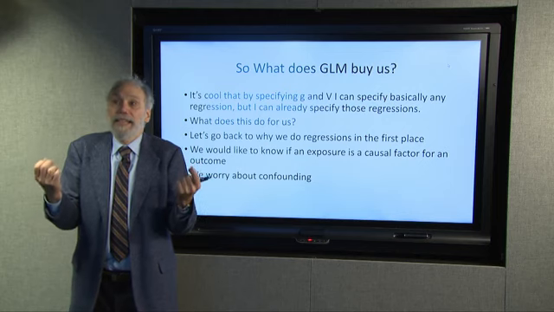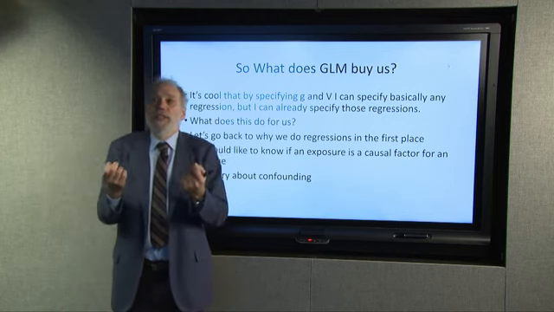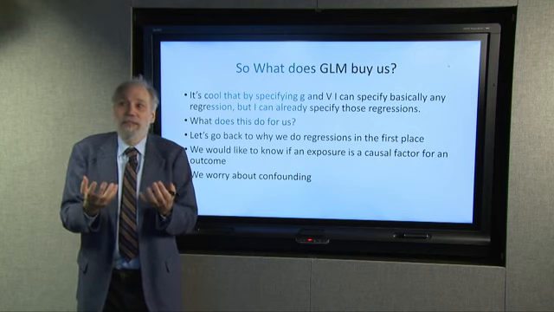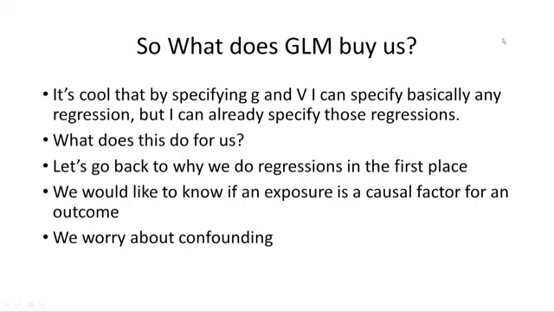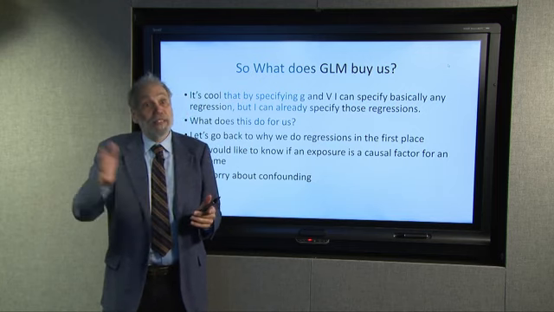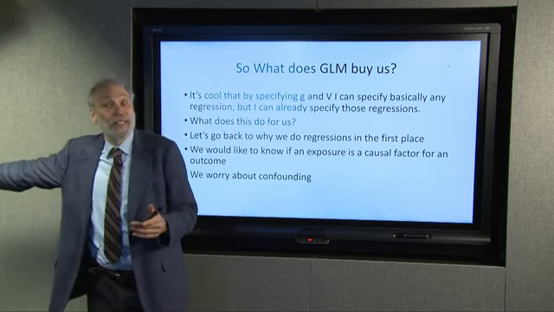So let's answer that by going back to why we're doing these regressions. We're doing these regressions because we would like to know if an exposure is a causal factor for an outcome, and if so, we'd like to know how much of an effect it has. Now, if there was no such thing as confounding, life would be easy. But we worry about confounding, and therefore we need to fit regressions because we need to control for all those confounders.